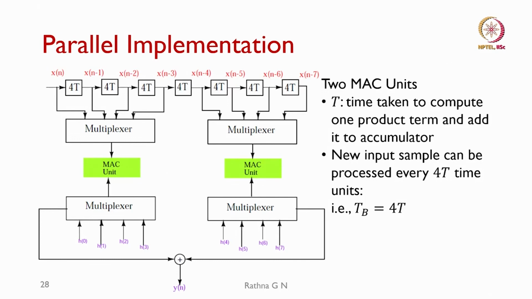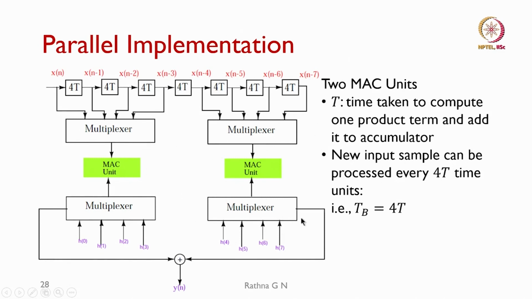Can I improve upon it by doing a parallel implementation? How can I do it? I will show in this case 2 MAC units I am going to provide. As you are seeing, the hardware is increasing here.